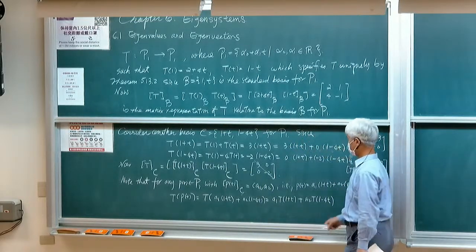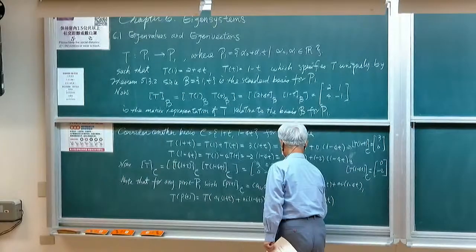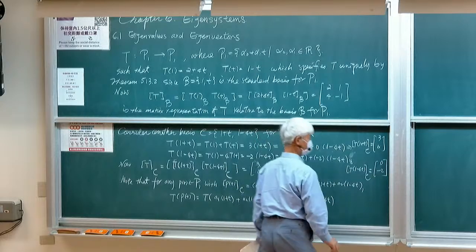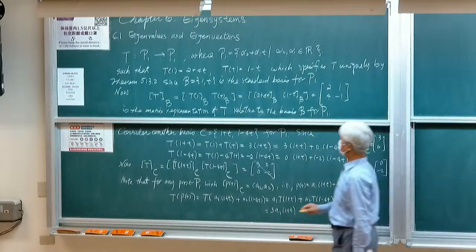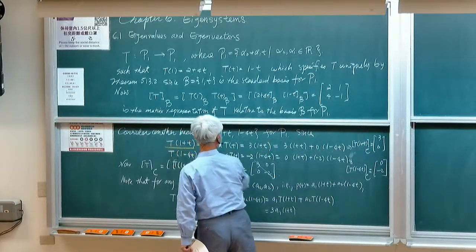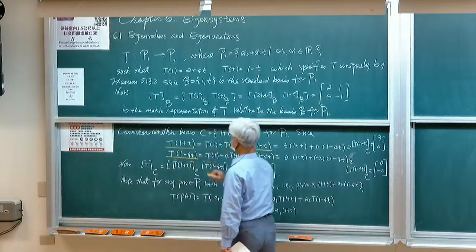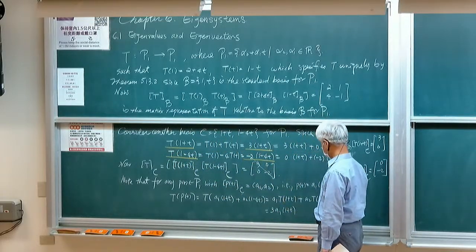Okay, and this is 3 times a1 times (1 plus t), because T of (1 plus t) is 3 times (1 plus t). And T of (1 minus 4t) is minus 2 times (1 minus 4t).